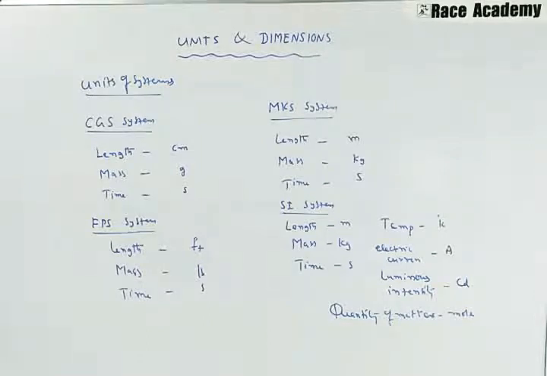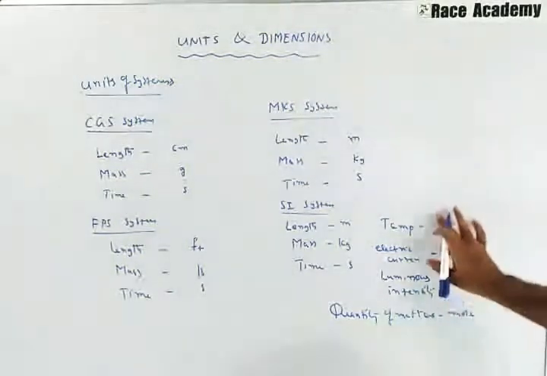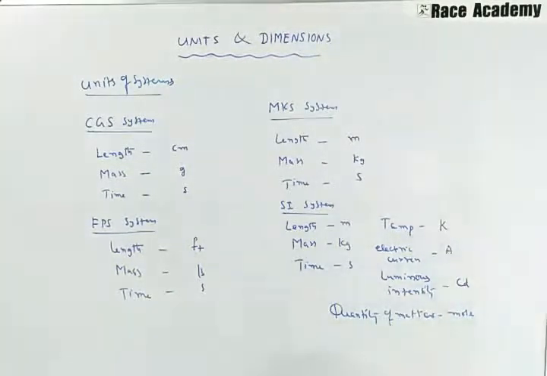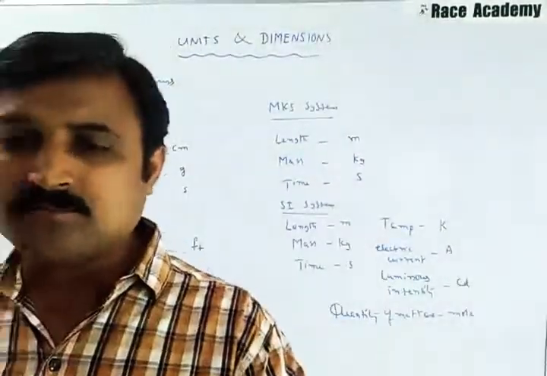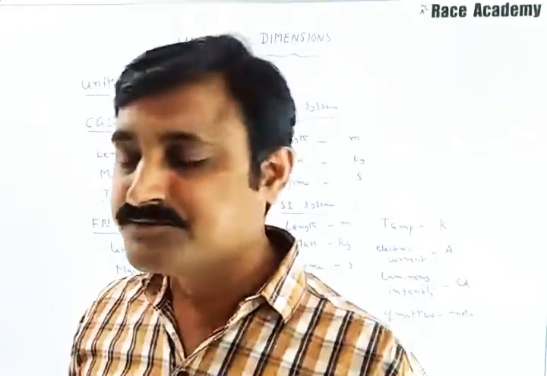In SI units, length in meters, mass in kilograms, time in seconds, temperature in kelvins. Capital K is Kelvin. Electric current is measured in amperes, luminous intensity in candela, and quantity of matter in moles. So these are the list of different kinds of fundamental units and units of some systems.